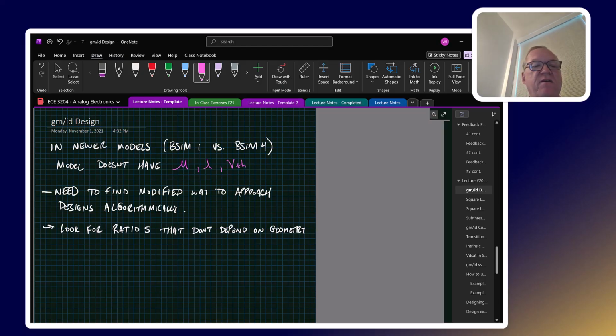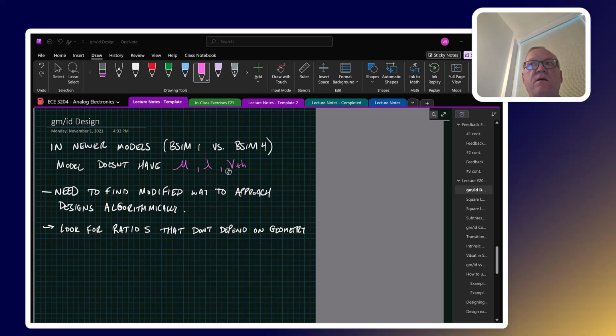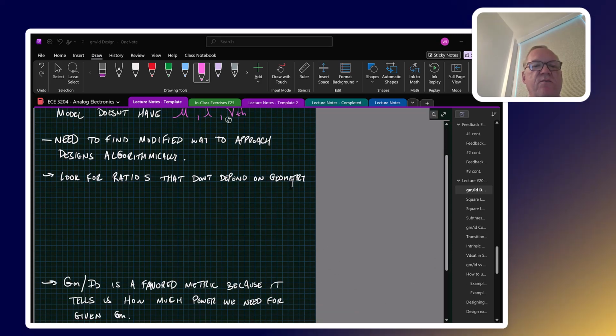We needed to find modified ways to approach the design algorithmically to replace our square law understanding of how the device works. And so one of the ways that we're going to do that is to look for ratios that don't depend upon the geometry of the device.